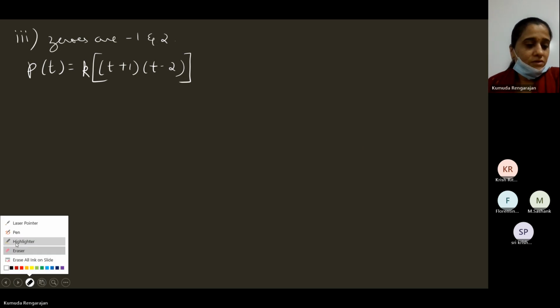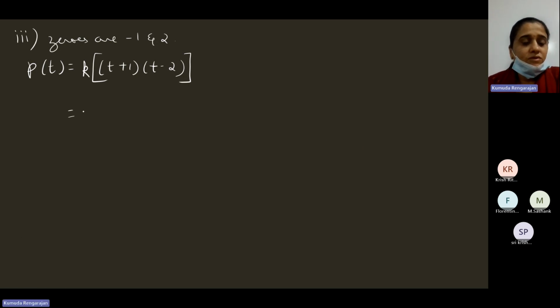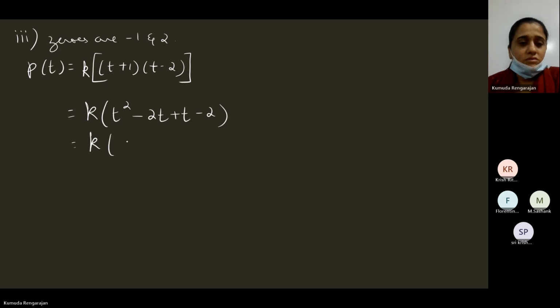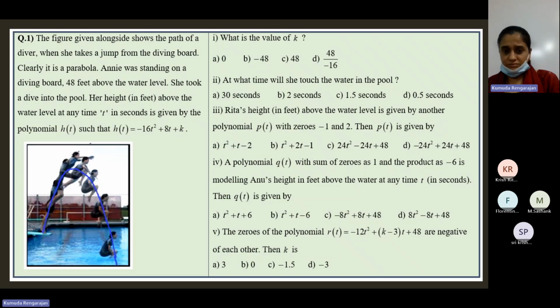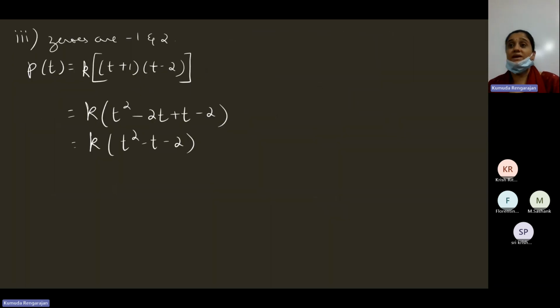Now this is equal to k into t square minus 2t plus t minus 2, which is t square minus t minus 2. What's the question? You need to find the P of t. So now we need to find the value of k.